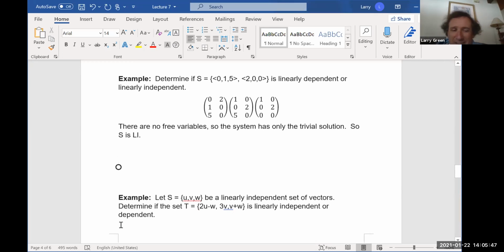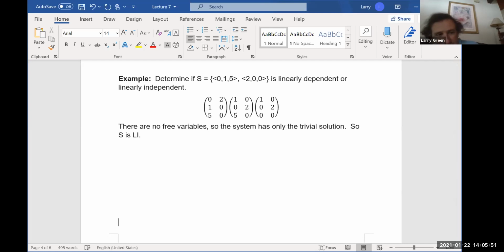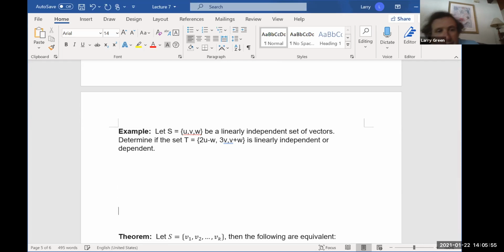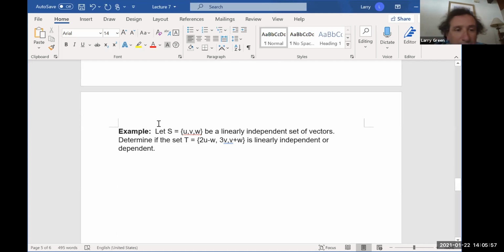Okay, here's another question. This one's a little weirder. Let me make it its own page. Okay, let's suppose S is now the set U, V, W. And let's suppose that S is a linearly independent set of vectors.